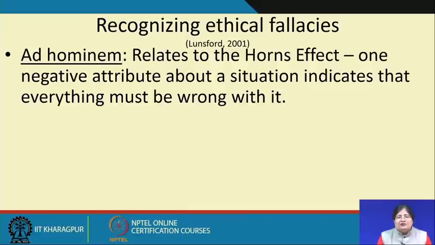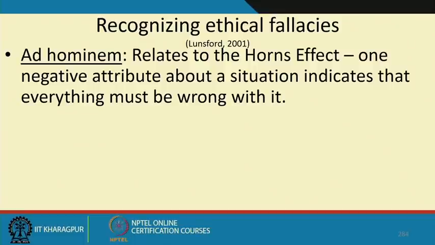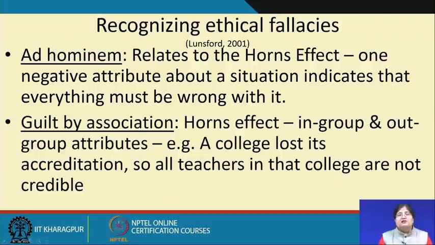So, if one argument is not strong enough, you feel that all the arguments made in that context are not strong enough, or if one set of analyses does not seem to make sense, or if one result seems to be on weak ground, you assume that all the results that have been computed are on weak ground.